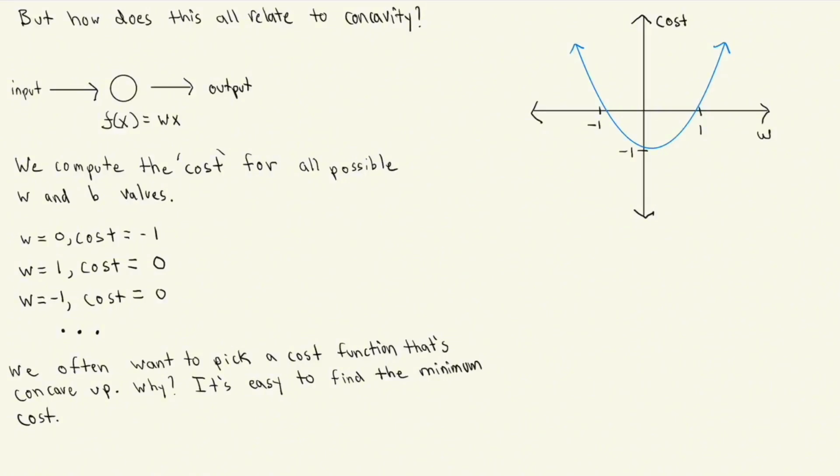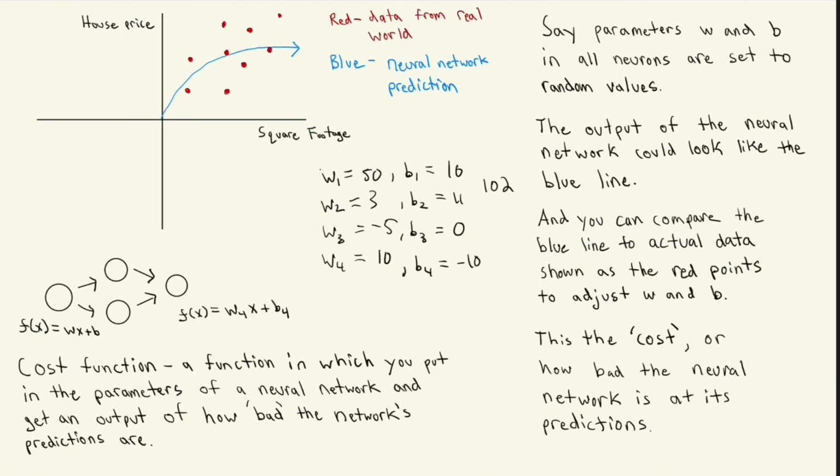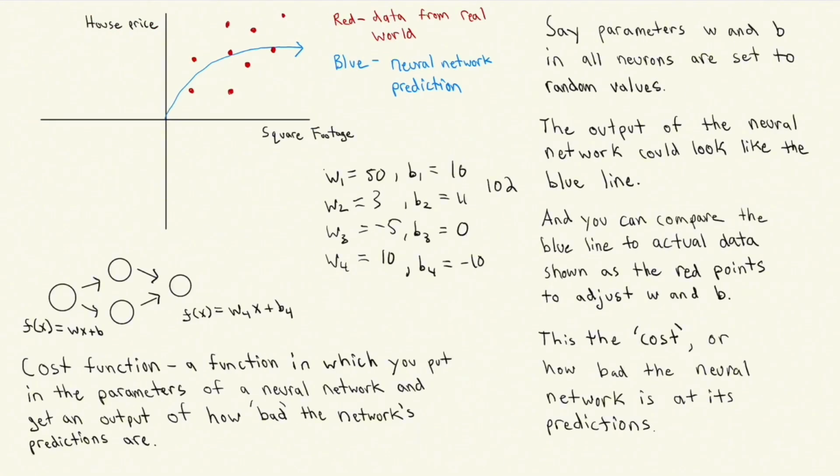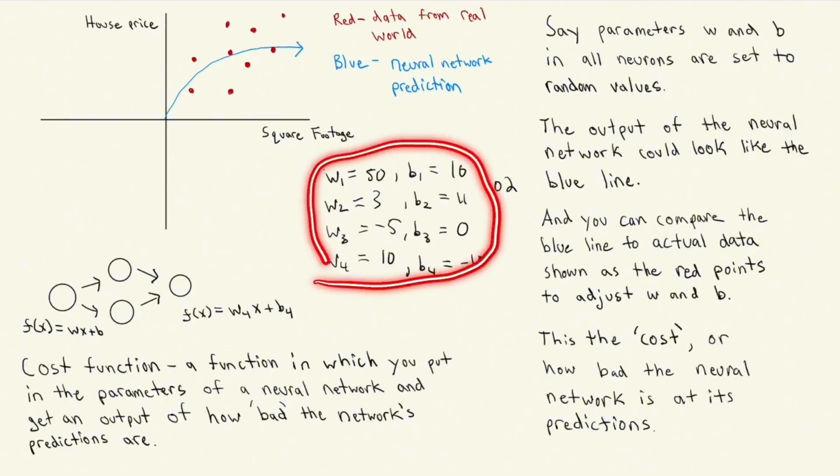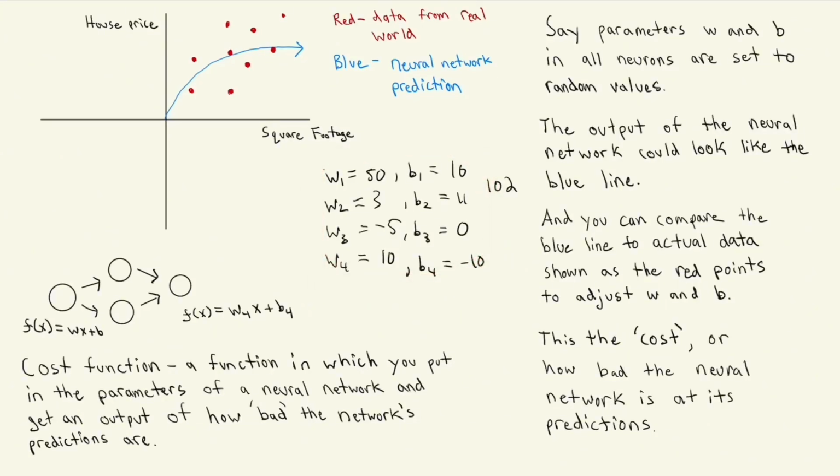So we do that in this simple example for every W value. And this graph is going to end up being the cost function we just talked about, which is the function that tells you how bad the neural network is at predicting things when you throw in all the parameters of the neural network.